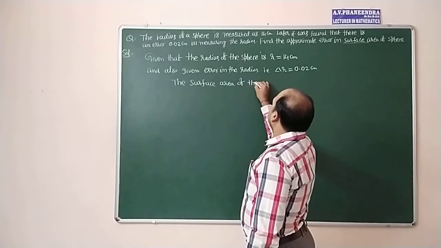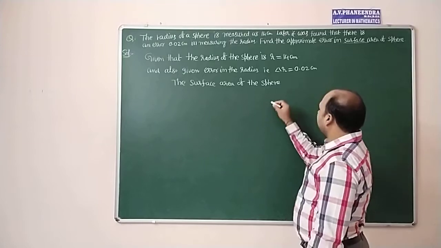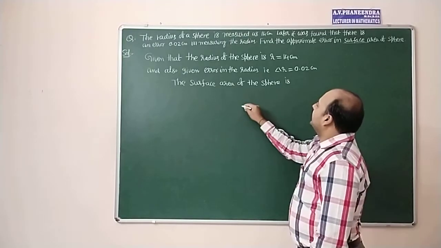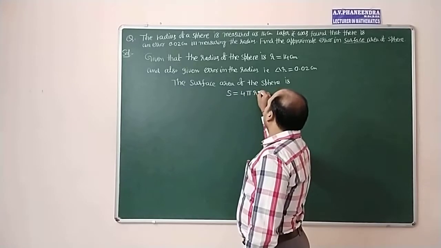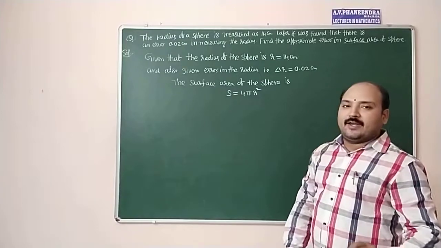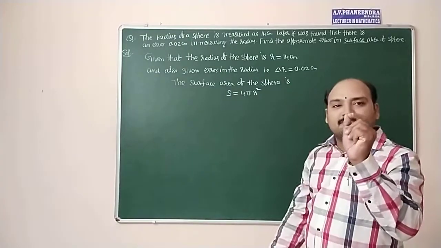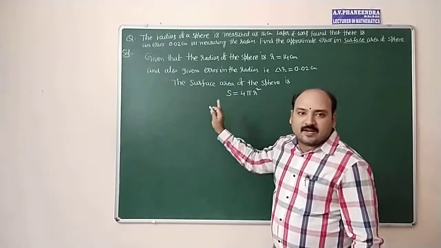They are asking approximate error in S. Approximate error means absolute error or error simply. So delta S they are asking.